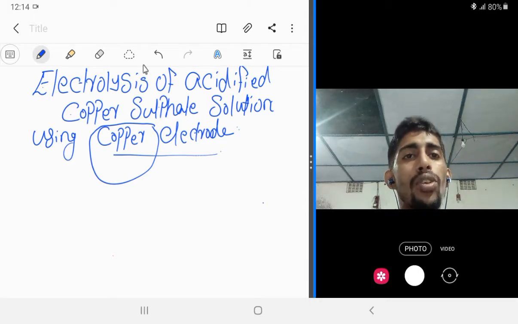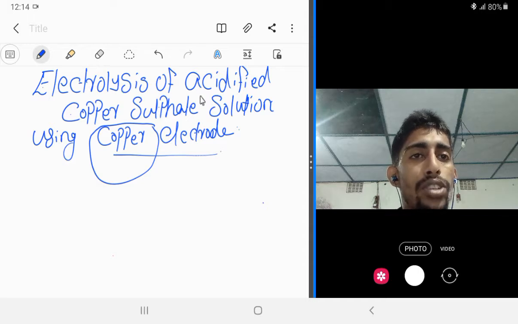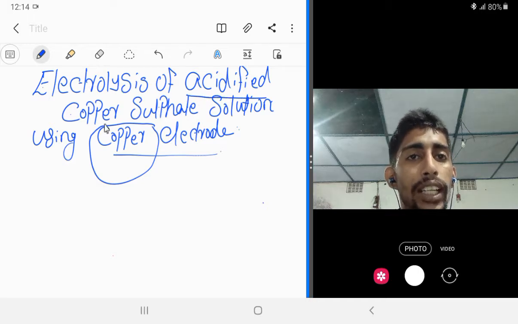First, the electrolysis of acidified copper sulfate solution.